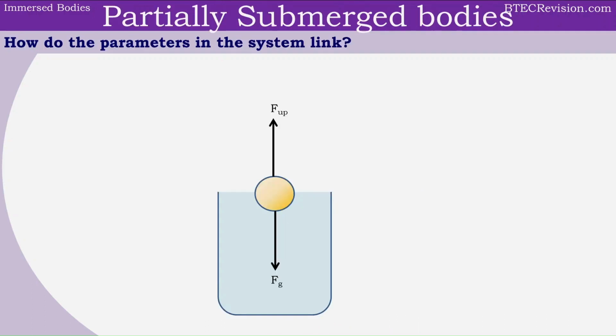Now let's look at a partially submerged body. Here we have a ball, and it's not fully submerged, it is floating. And it's not going up or down, so we can say that the forces are balanced. So the force due to gravity is equal to the force due to the upthrust. And we know these values from before.